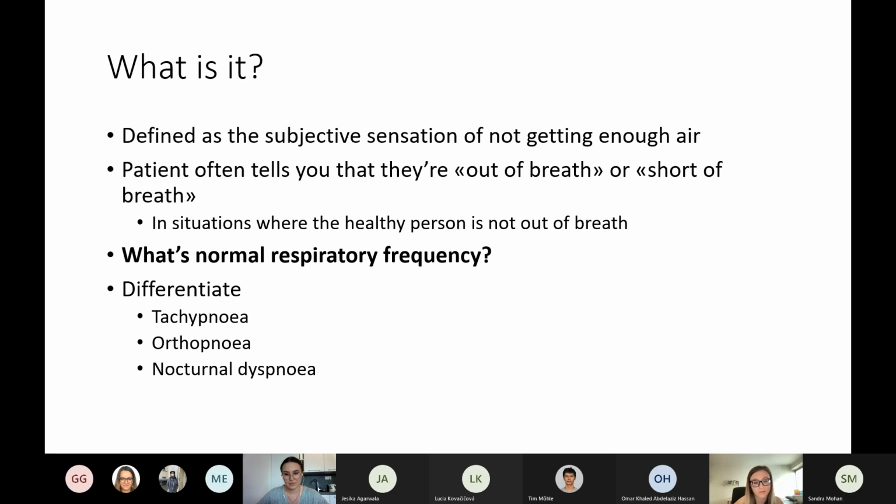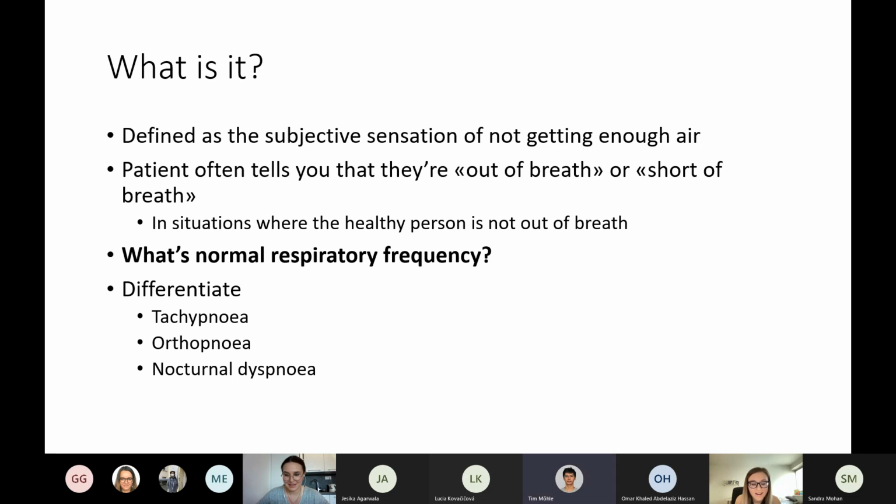Orthopnea, does anyone know what that is? If you're standing up, then it's better, like straight breathing, basically.